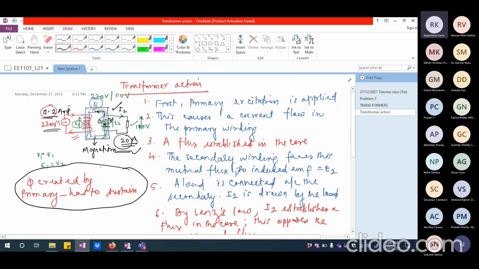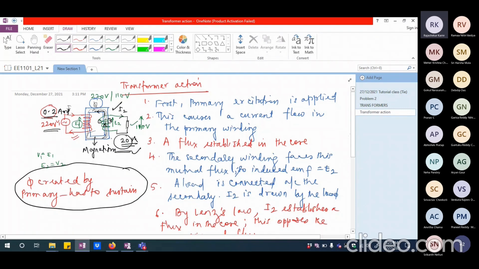And to facilitate this magnetic coupling, we use ferromagnetic materials as the core for the transformer. All the electrical machines as well as transformers use a ferromagnetic core, because the conversion from the primary to secondary, or from the stator to rotor, or from the rotor to stator, always takes place because of the magnetic media existing between the primary and secondary, or between the stator and rotor coils.